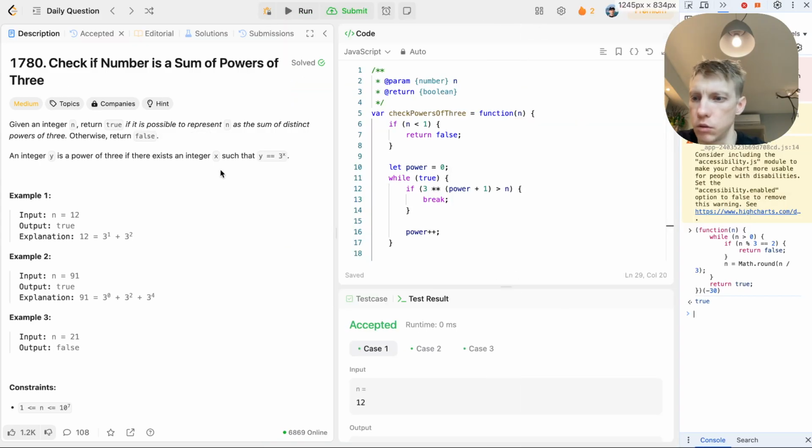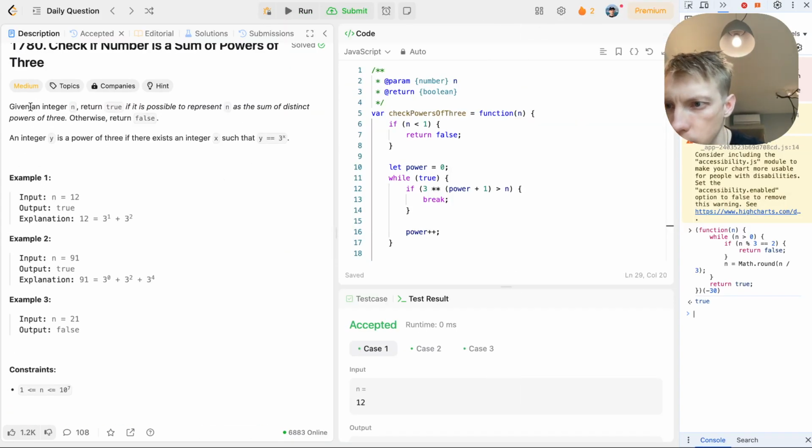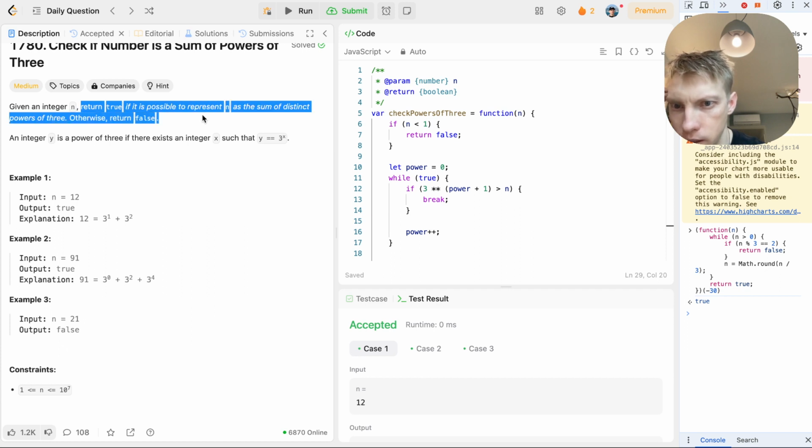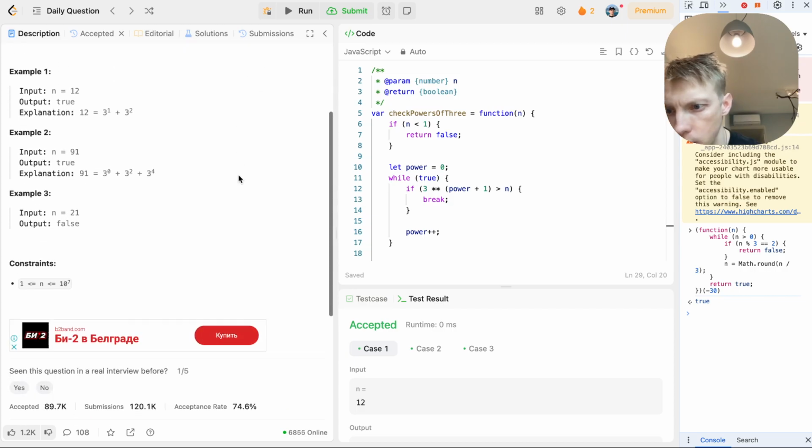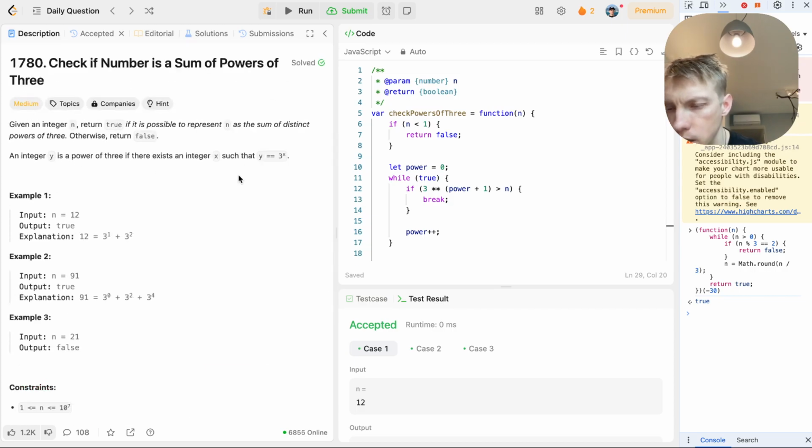Given an integer, return true if it is possible to represent n as the sum of distinct powers of 3. Otherwise, return false. An integer y is a power of 3 if there exists an integer x such that y equals 3 to the power x. Okay, I got it. But it didn't say that there can be negative numbers.